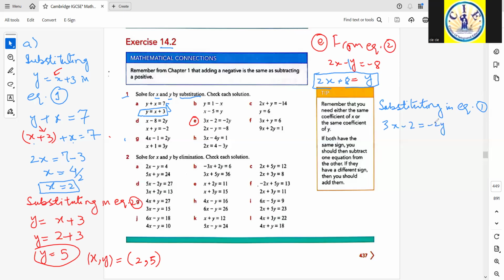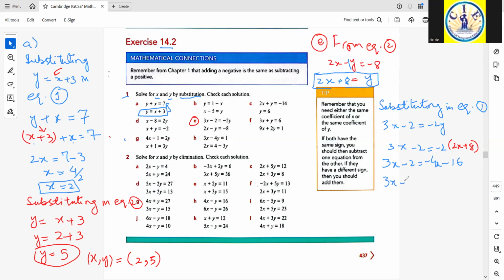At the place of this y, I'm going to replace 2x plus 8, and then -2 is being multiplied with it, and the rest of the whole equation would remain unchanged. So this will give me 3x minus 2 is equal to -4x, -16.